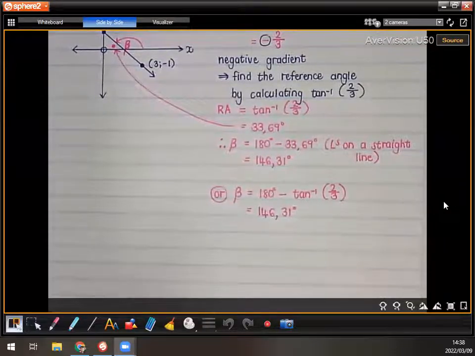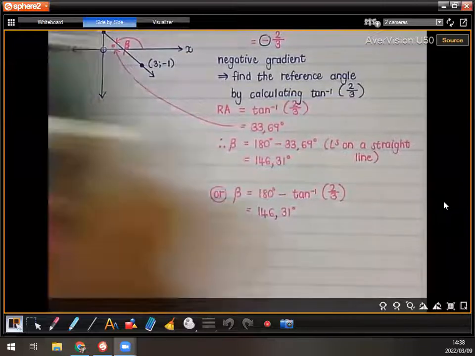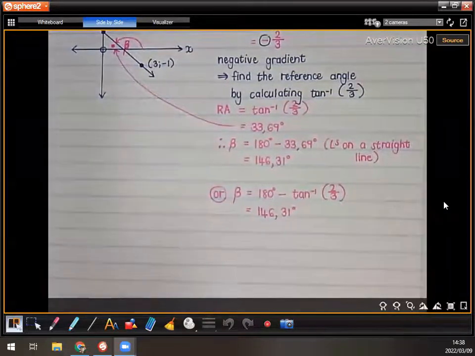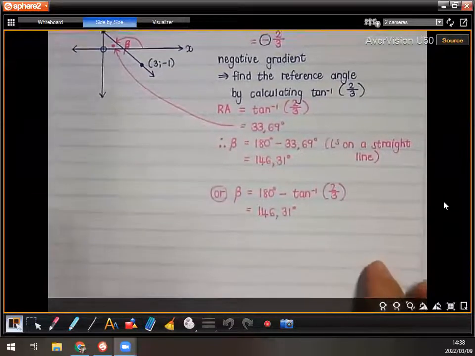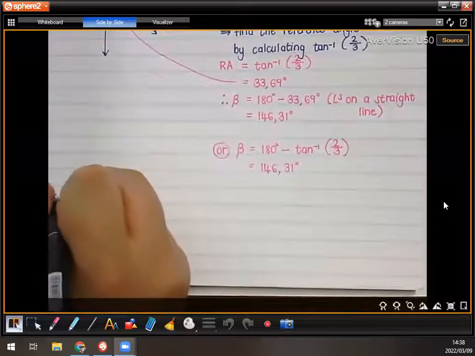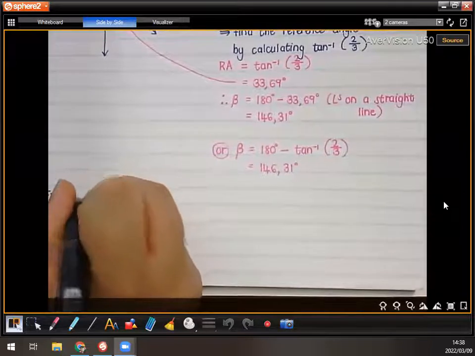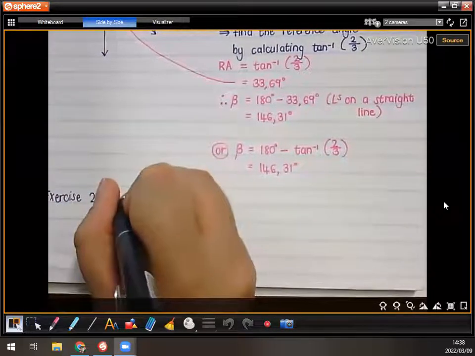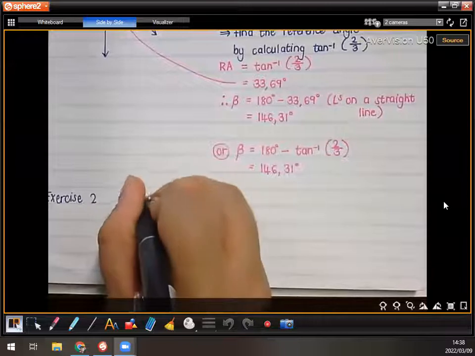Okay, now sometimes you don't have to calculate the gradient. Sometimes they give you the gradient, which is actually what they do in the exercise in the textbook. So I'm just going to write down the exercise and then I'll show you what it looks like. So I would like you to do exercise 2 on page 66.